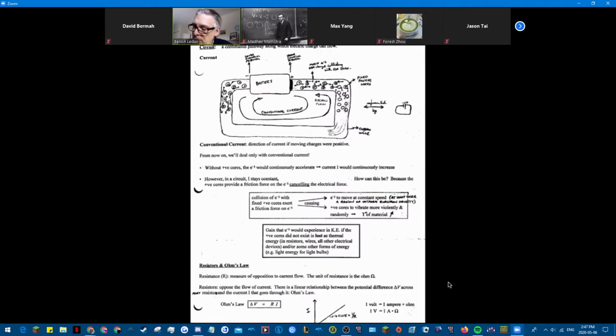So if we set a potential difference across the battery, the electrons will go from the negative side to the positive side. Now, if there were no atoms in the way, those electrons would keep on accelerating and pick up kinetic energy along the way.